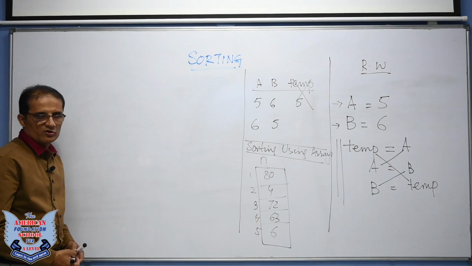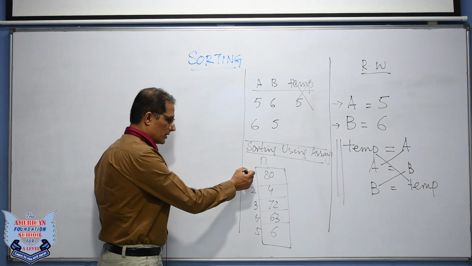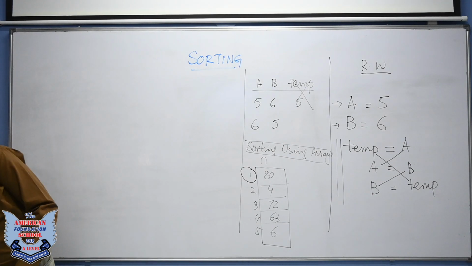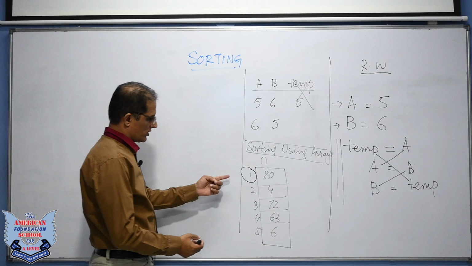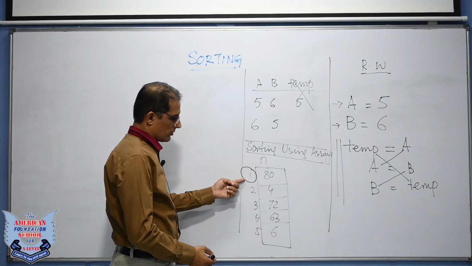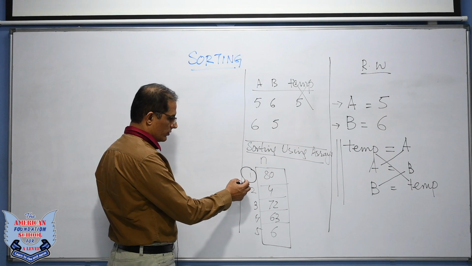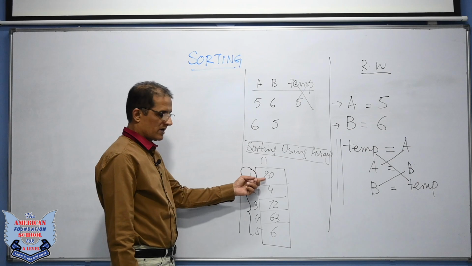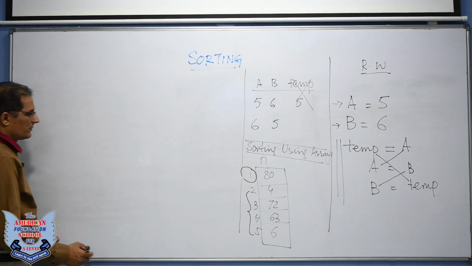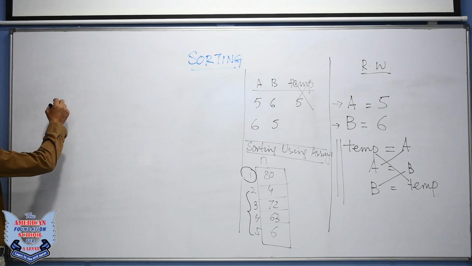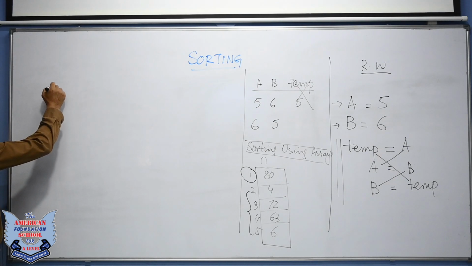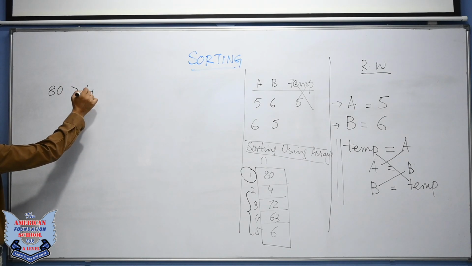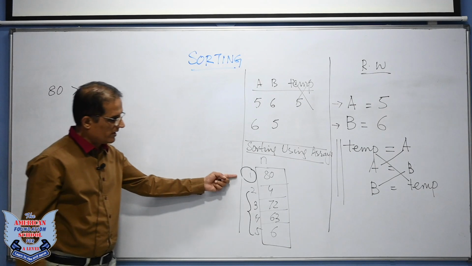Now, what to do when you are sorting data? We'll have to mark the top position 1. I'm not marking this number, I'm marking the position. And then we have to compare all the rest of the numbers with the first location number. So the first comparison would be, is 80 more than 4?